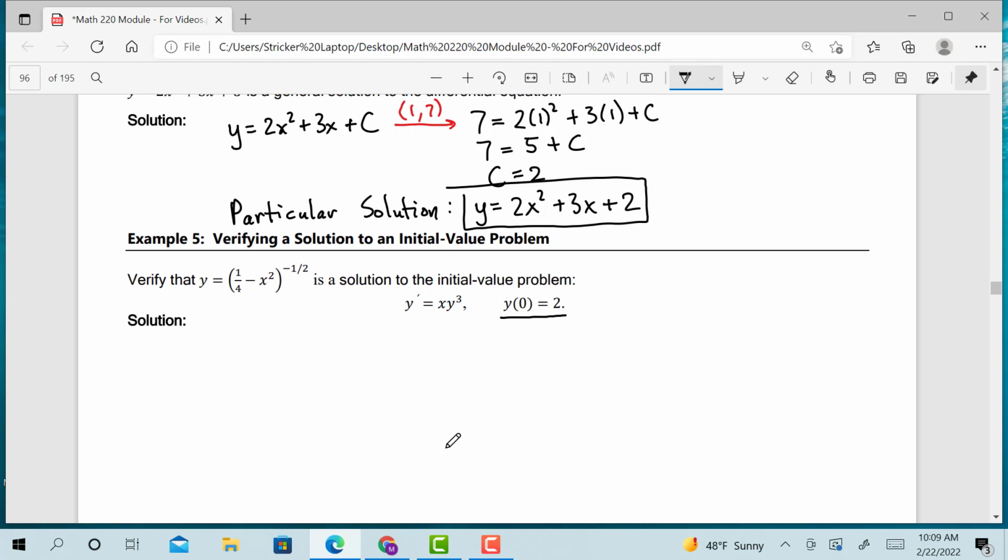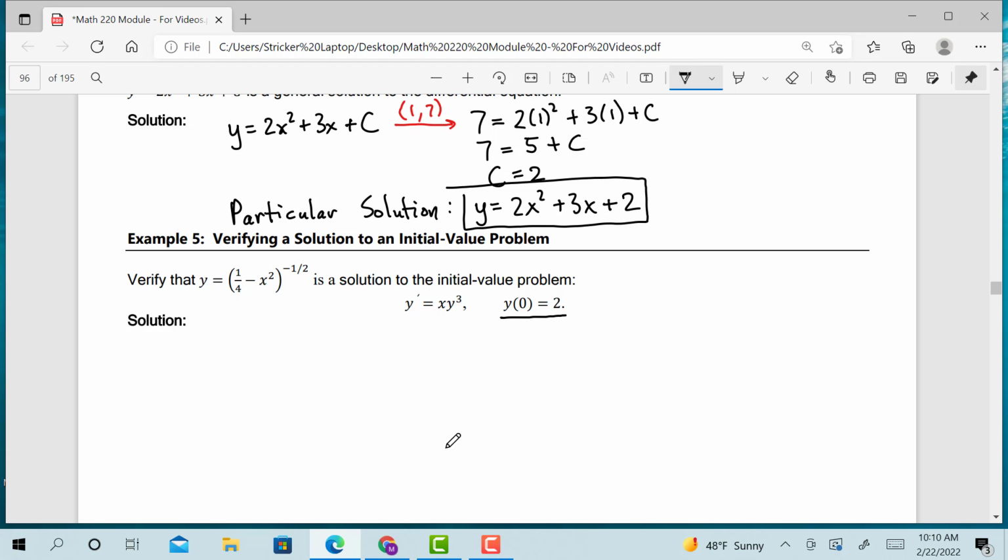So when x is 0, y is 2. The first thing we're going to need to do, what do you think? What should we do first? If we have a problem like this, how are we going to verify? Well, we already know that to verify a solution, we plug the function and its derivatives in. There's just one difference here. This is an initial value problem, so we have to see how that factors into it.